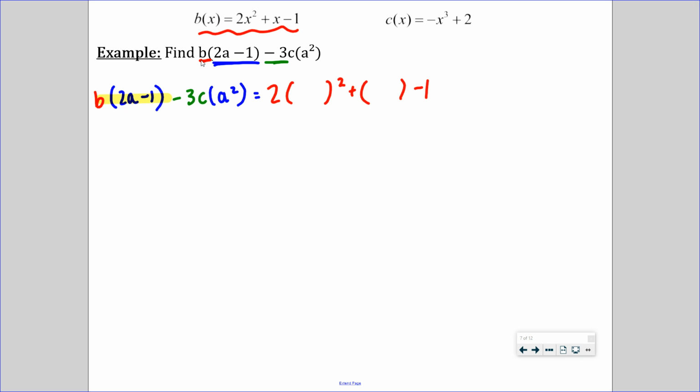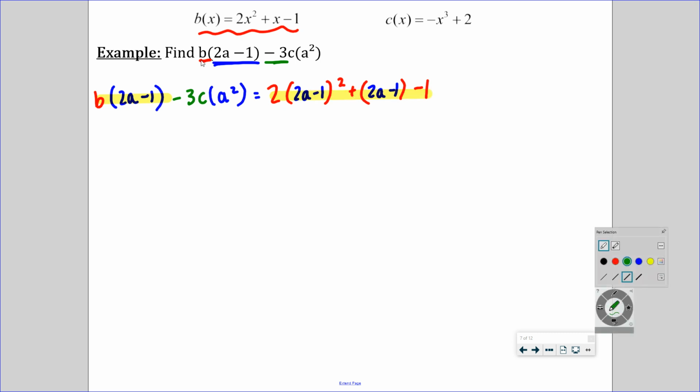B. Nope. B tells me which function I'm using. 2a minus 1. What's in the parentheses? That's what we're plugging in. 2a minus 1. The first letter tells me what function I'm using. The parentheses tell me what to plug in. Okay, that's that part. Everybody good with that?